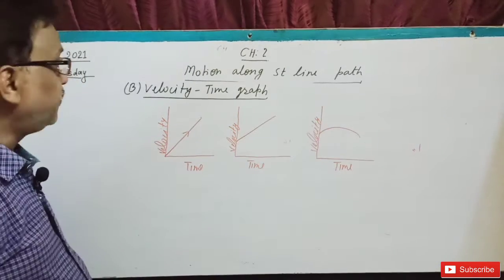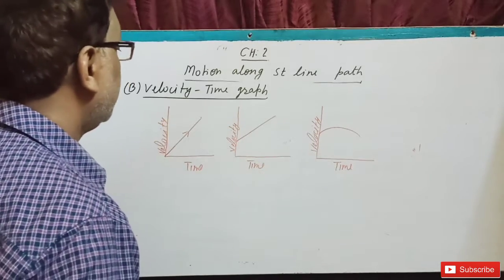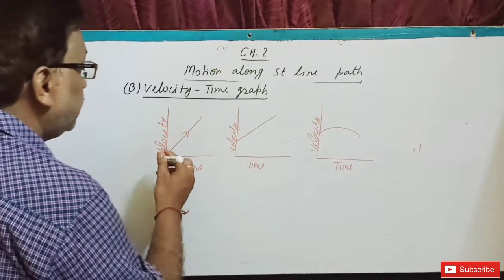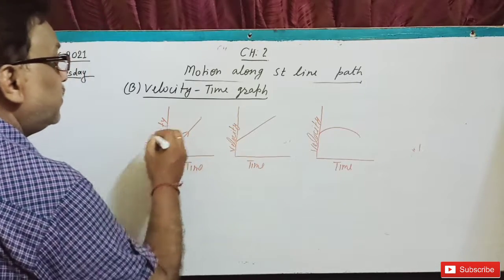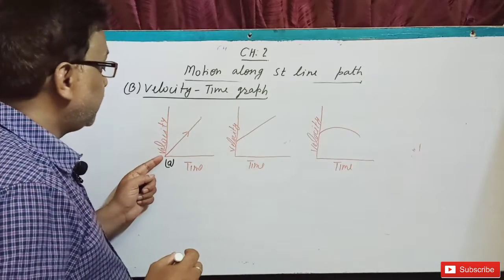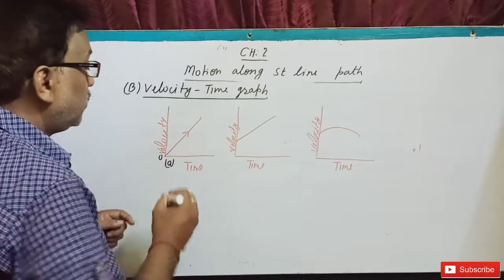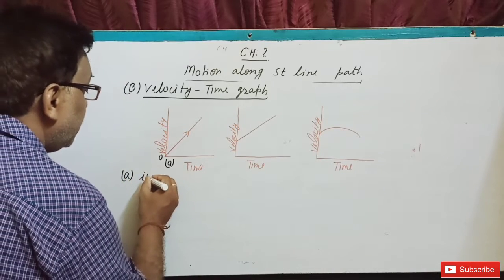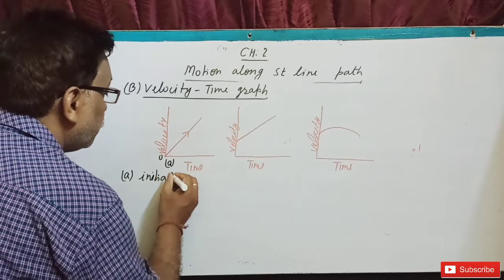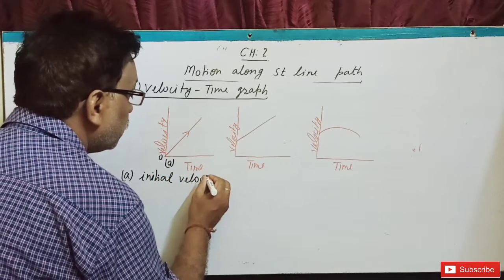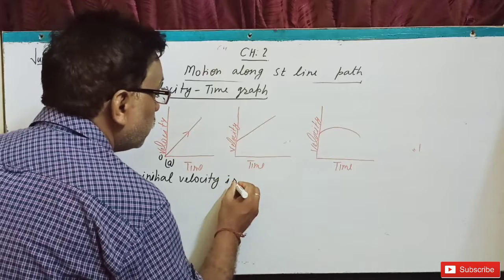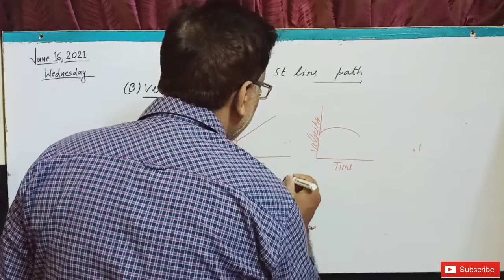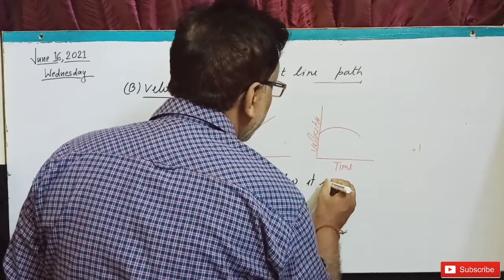Now we discuss the velocity-time graph. There may be three situations. In the first situation, you see in A, it starts from the origin. So its initial velocity in case of A is 0. And it is uniform.